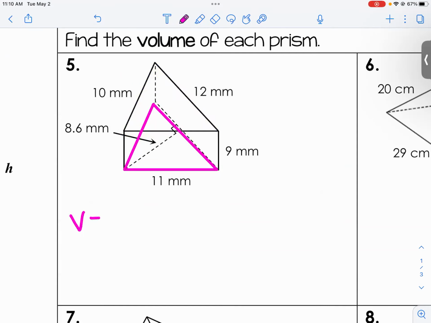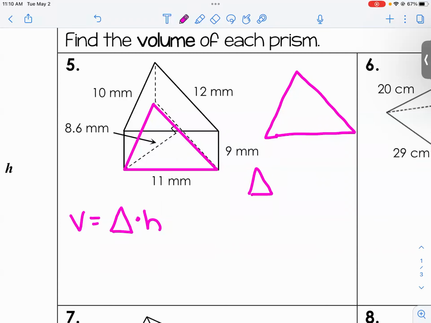So we know that our volume is the area of the triangle times the height of the prism. So let's talk about just the triangle, okay? I'm gonna take this and I'm gonna come draw it over here. So do you see how this is pointing to this line? I guess I should draw it dotted line, and it is 8.6.